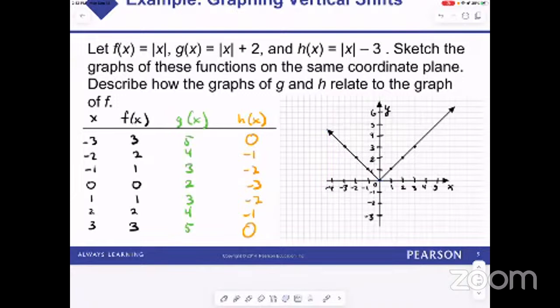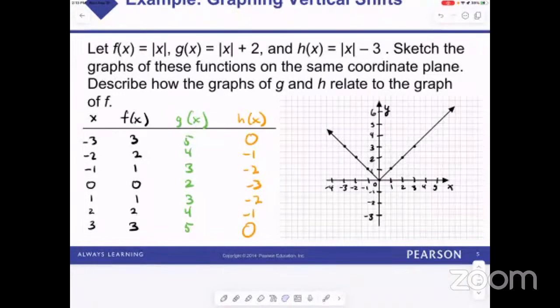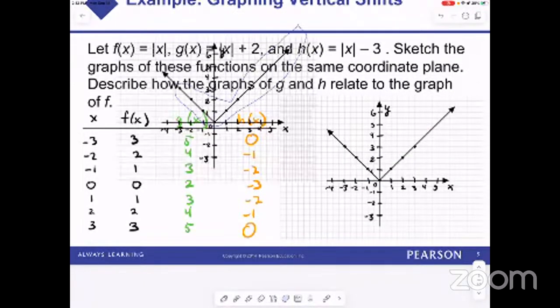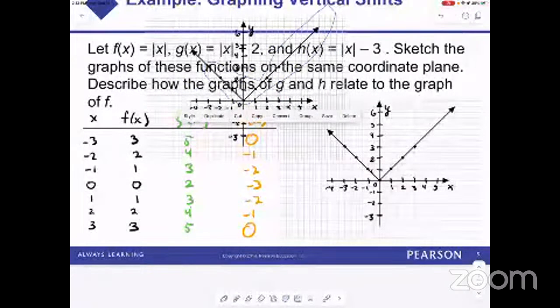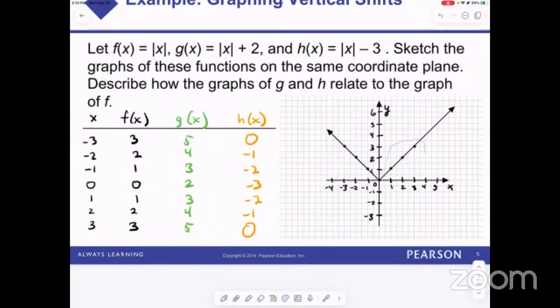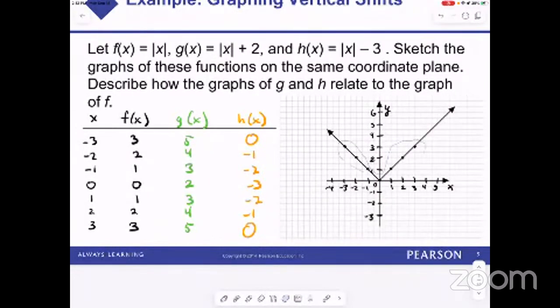Then for g, we're going to plot those x's versus those y's, and I'm going to do that by getting a copy of this and pasting it here.